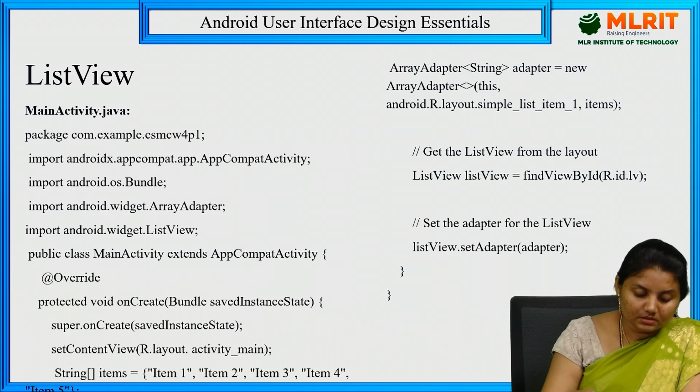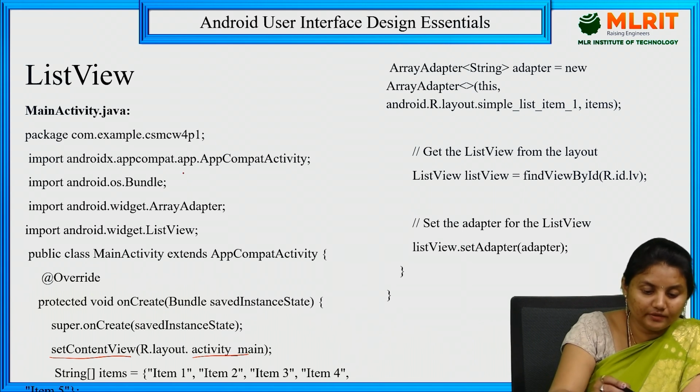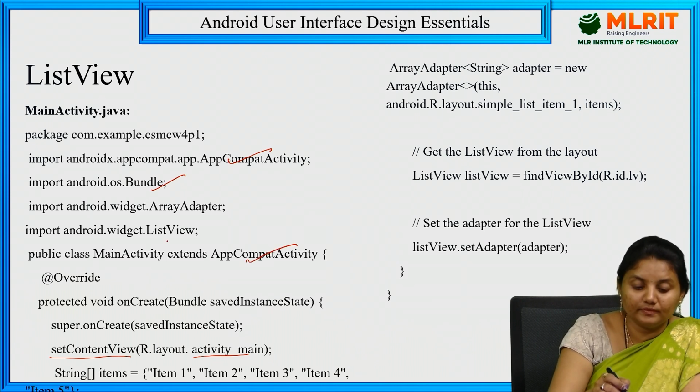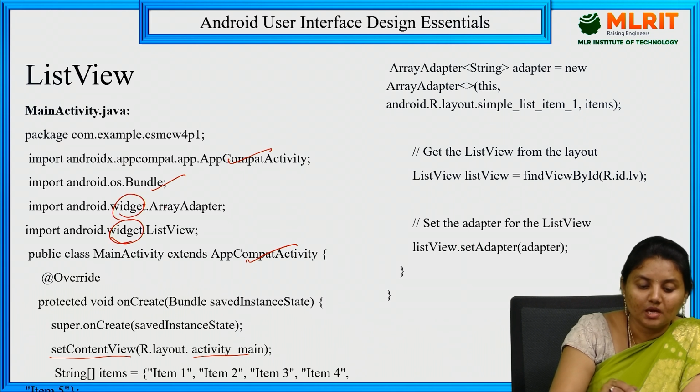Now we are giving setContentView with R.layout.activity_main, which is common. Here, the activity, Bundle, and extends AppCompatActivity are all common, but the two things you have to add for this list view are two widgets: one for ArrayAdapter and one for ListView.